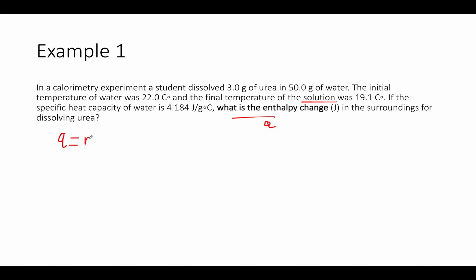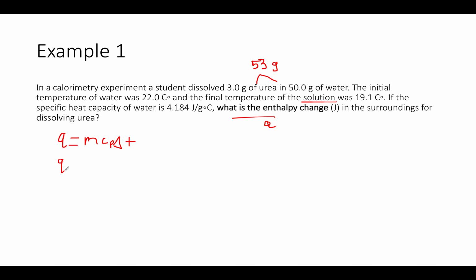Q is the heat, and it equals the mass times specific heat times delta T. So we're just solving for Q here, but be careful because you're solving for the heat of the solution, which has a mass of not 50 grams or 3 grams, but 53 grams for adding the urea and the water.